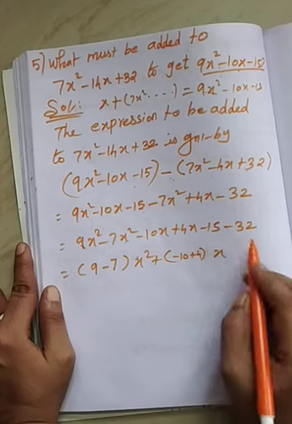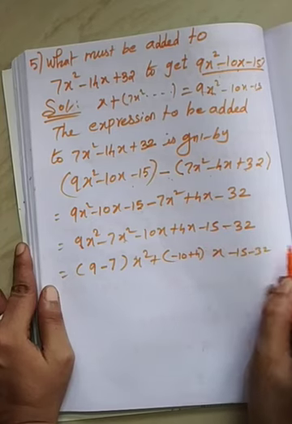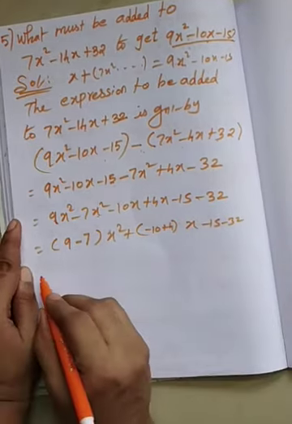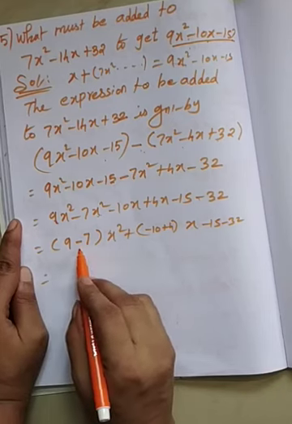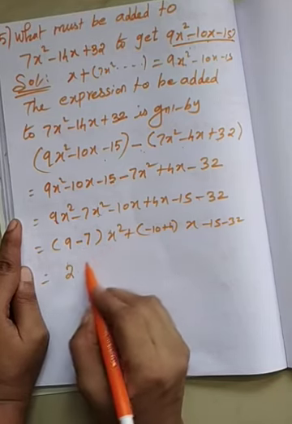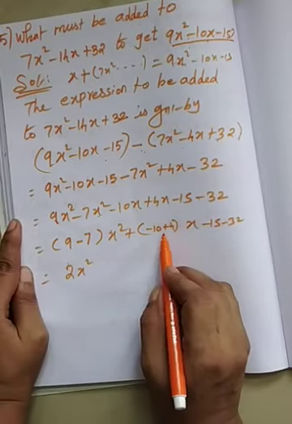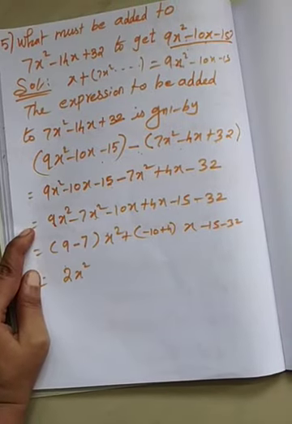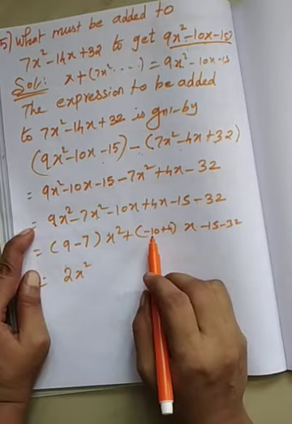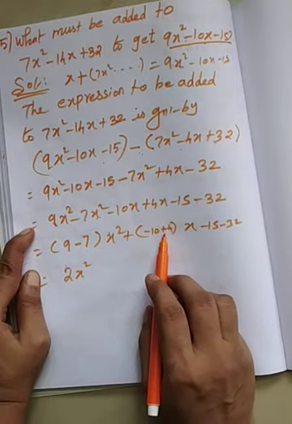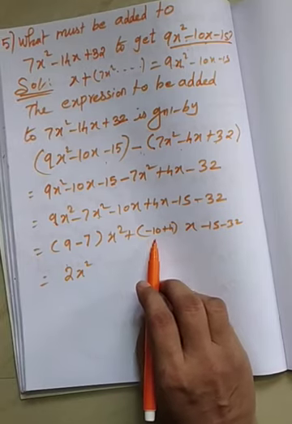Okay, so write minus 15 minus 32. See, what is 9 minus 7? 9 minus 7 means 2x squared.